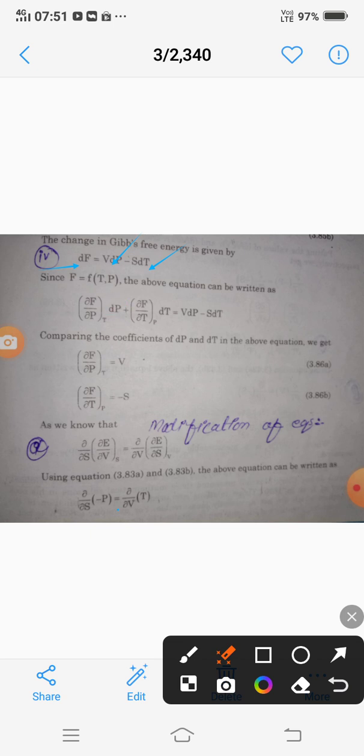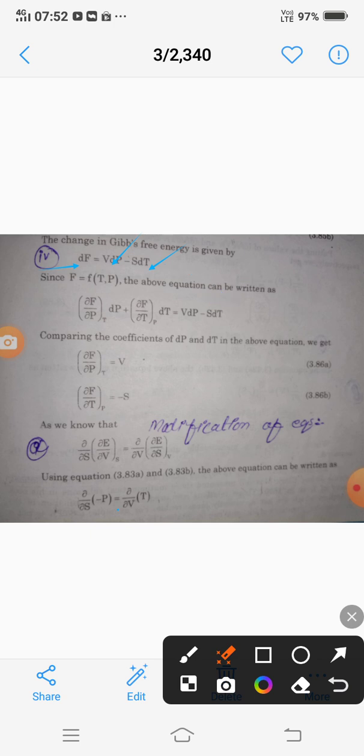Again, we take the Gibbs free energy and divide by the differential of temperature, multiplying in the same way, and the pressure is taken as constant. On the right side the equation remains the same, copied in the same way.